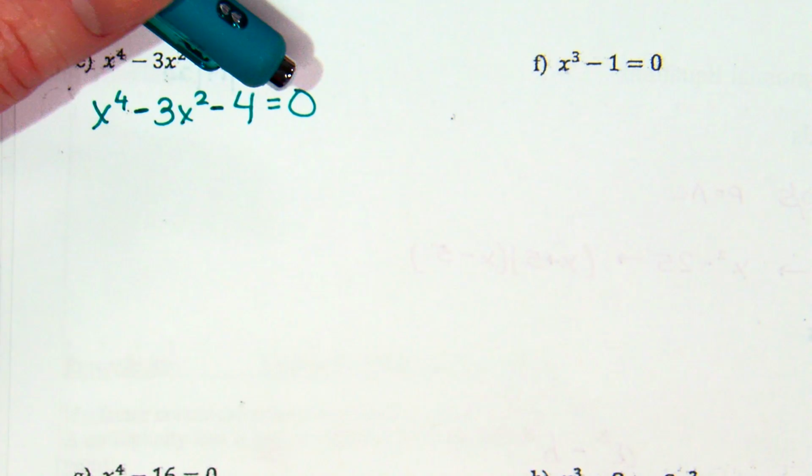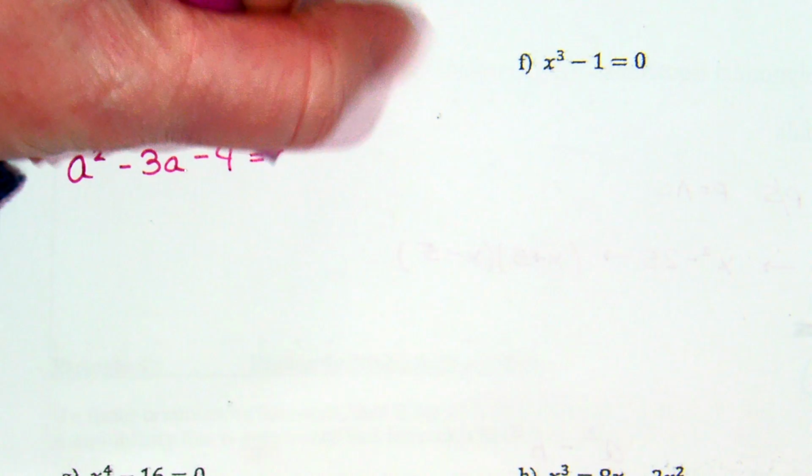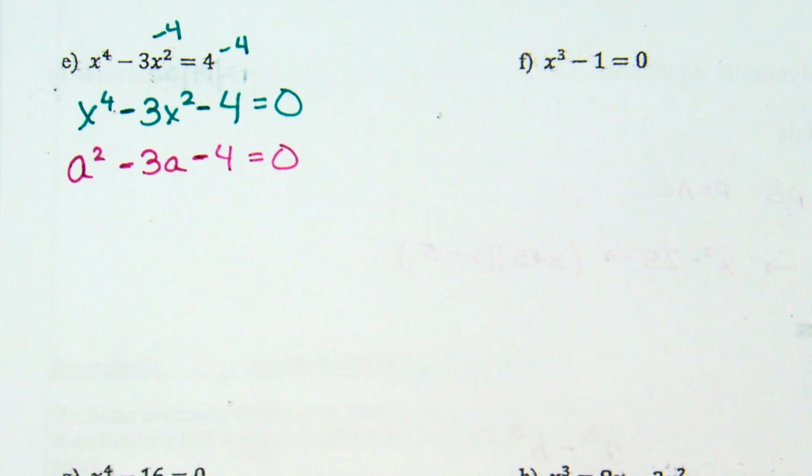So basically what I want you to think about, when we're going to factor this, is a squared minus 3a minus 4. If I have you think of that as a squared minus 3a minus 4, can you do that problem? We should have an idea.